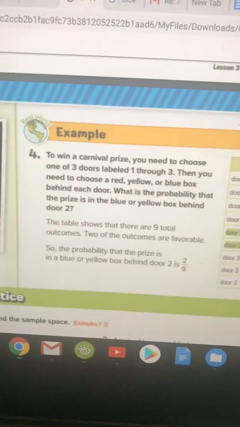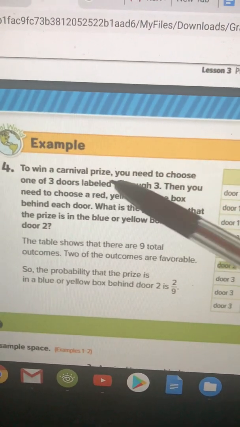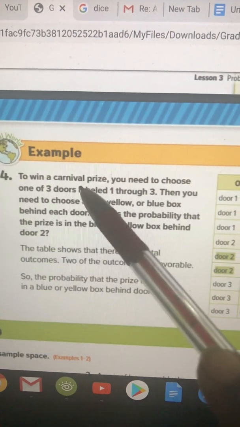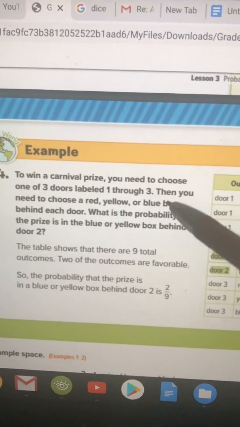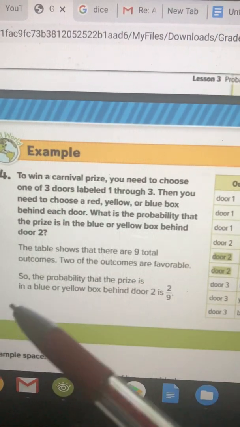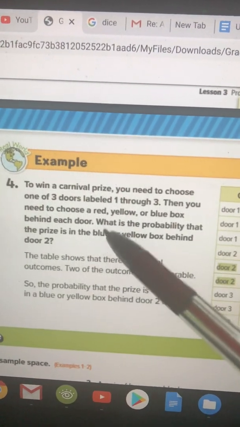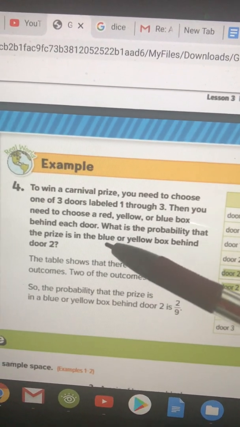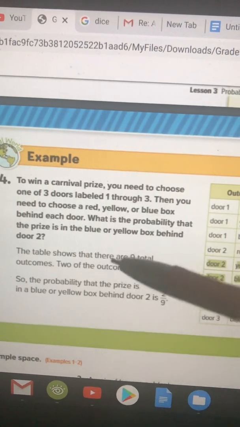And let's look at example 4. To win a carnival prize, you need to choose one of the 3 doors, labeled 1 to 3. Then you need to choose a red, a yellow, or a blue box behind each door. What is the probability that the prize is in the blue or yellow box behind door 2?